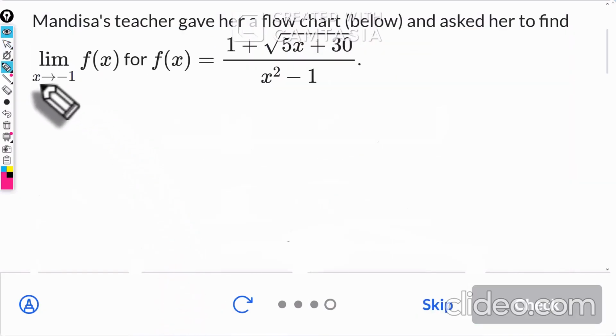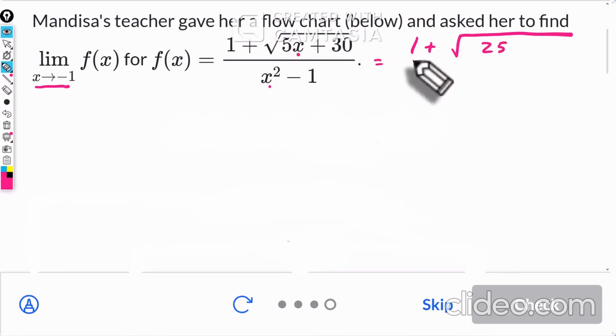All right, one more. Limit as x approaches -1. Let's try substitution. We're plugging in -1 in place of x. That's going to be 1 plus the square root. 5 times -1 is -5, plus 30 is 25. So the square root's going to be 25.